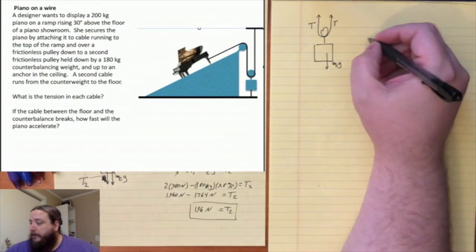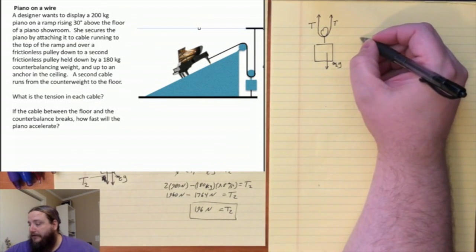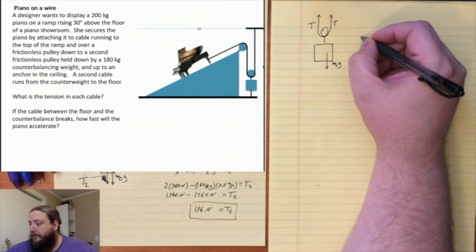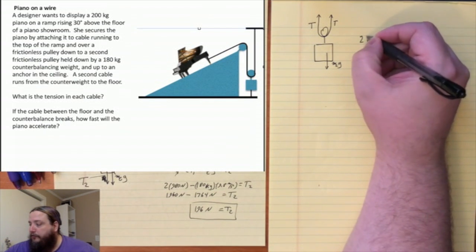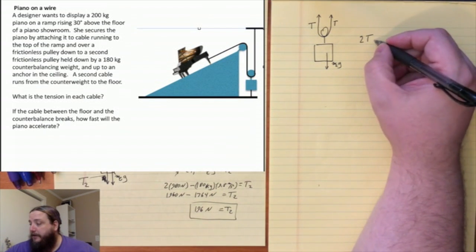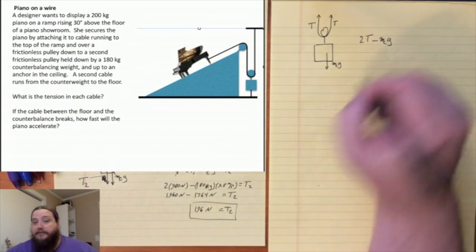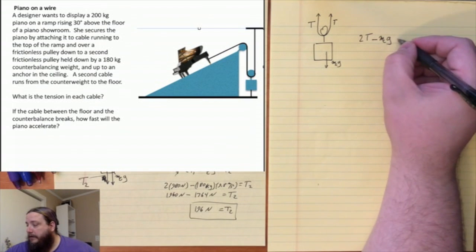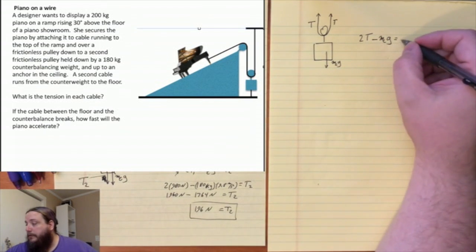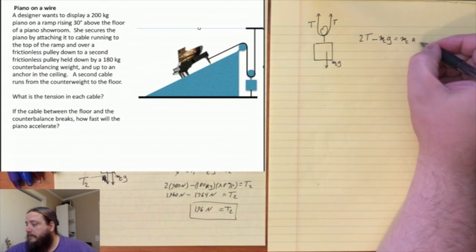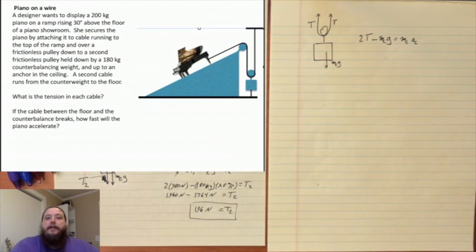All right, so the force balance equation here is going to be two upward directed tensions minus gravity is equal to the mass of the counterweight times the acceleration of the counterweight.